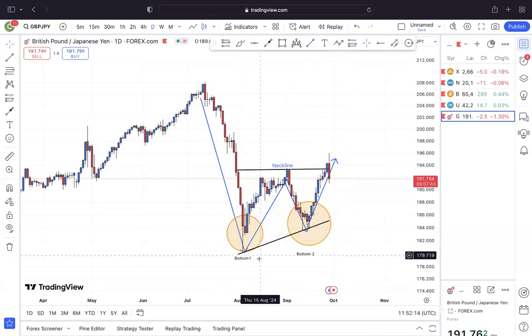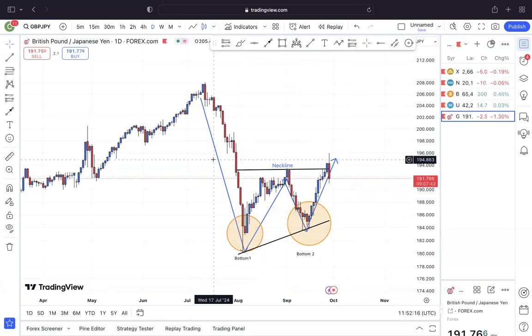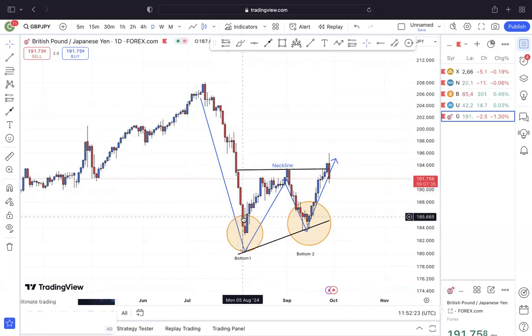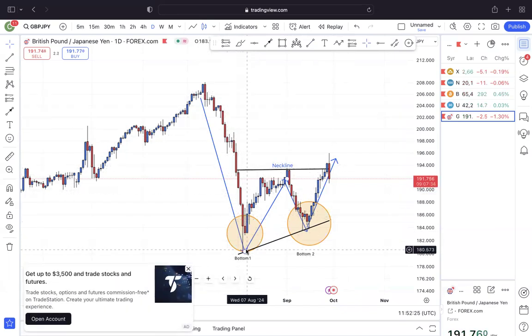So the first bottom here, after we see that was a super strong downtrend, it spent a couple of days on a downtrend, the market decided to bounce up, so bounce higher. And that's why we have the formation of the first bottom.